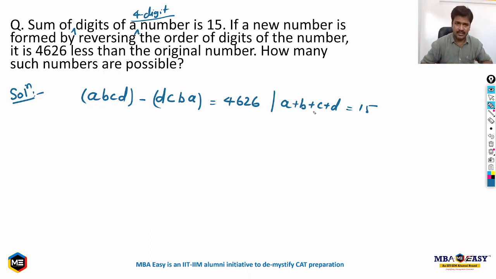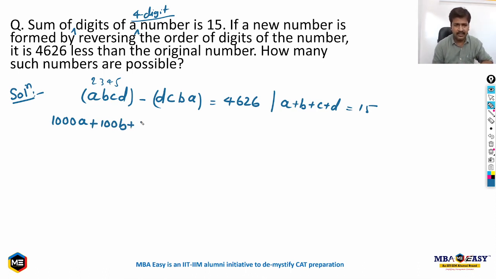Okay, so अब इसको हम लोग equation के form में कैसे लिखेंगे? इसका value कितना होगा? A is at thousands place, so its value is 1000 times A. जैसे अगर suppose ये होता 2345, let's say, तो 2000 means 2 into 1000, फिर 300 यानी 100 times B, 100 into 3, then 40 and then 5.